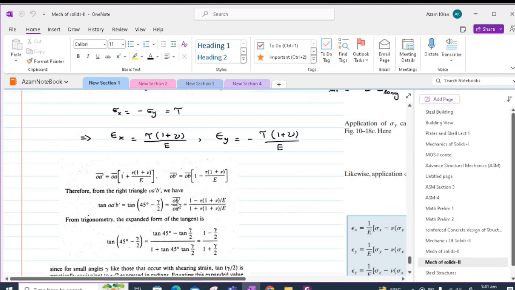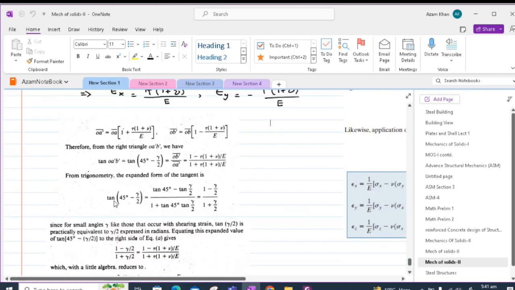Plugging the values of OB prime and OA prime, we will get [1 minus tau (1 plus nu) by E] divided by [1 plus tau (1 plus nu) by E]. Tangent (45 minus gamma by 2) can be expanded in trigonometric form as tangent 45 degrees minus tangent gamma by 2, divided by 1 plus tangent 45 degrees times tangent gamma by 2.